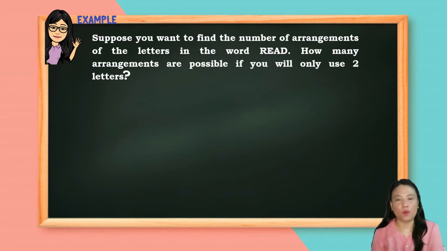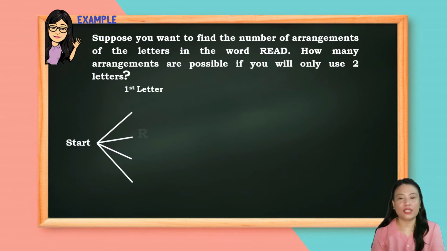Let us have one more example. Suppose you want to find the number of arrangements of the letters in the word READ. R-E-A-D. How many arrangements are possible if you will only use 2 letters?